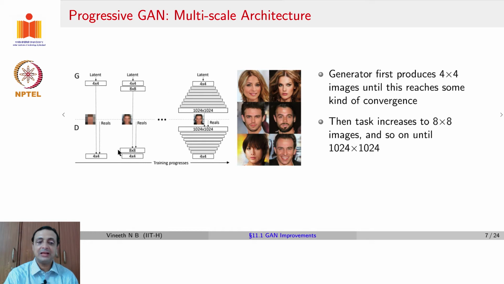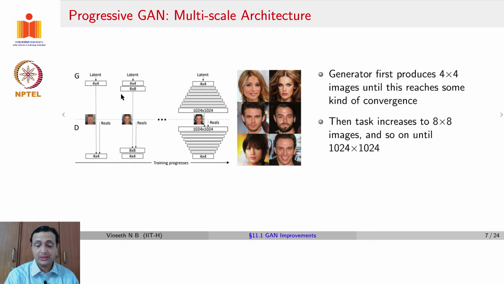This then increases to 8x8 in the next iterations of training. You can see here that compared to the image generated in the 4x4 setting, the 8x8 setting is still blurry but has some more details when compared to the 4x4 setting.